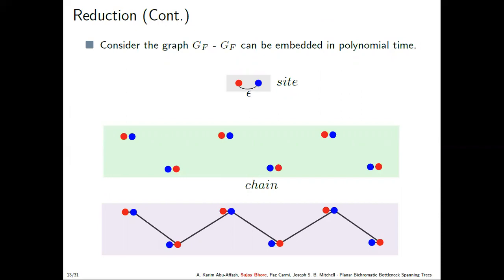We start with a very simple object. So let's take a pair of red and blue points which are epsilon distance apart. Epsilon is a very small value. Then we can construct a chain in the following manner such that the consecutive distances are always 1. Now one can see that it doesn't cost anything to find a connection, or give an edge, within the sides.